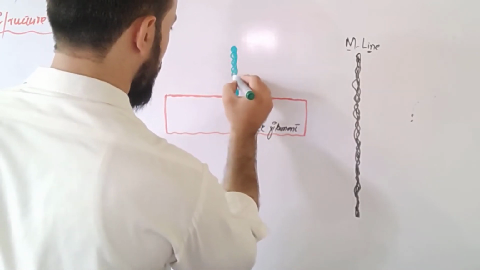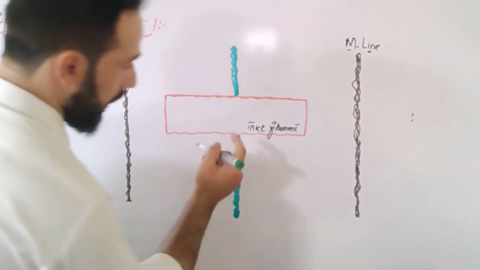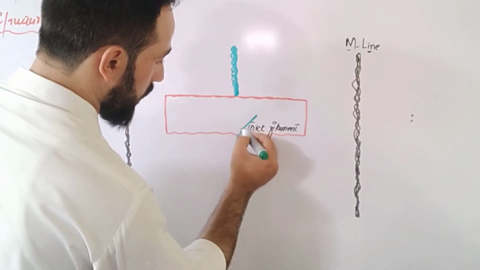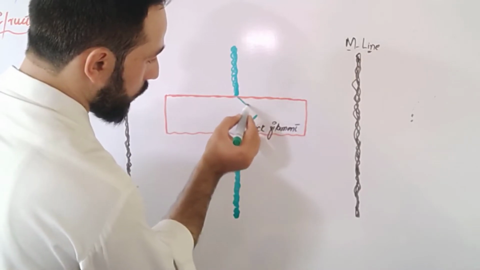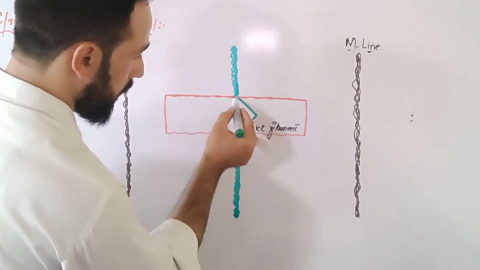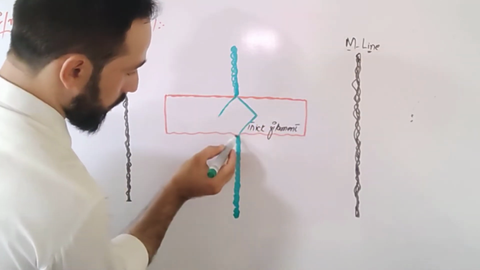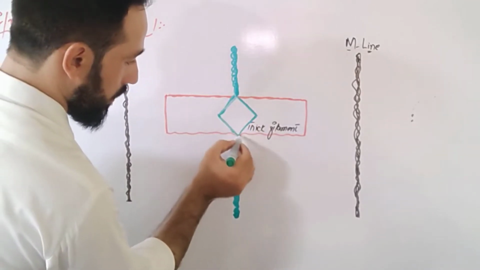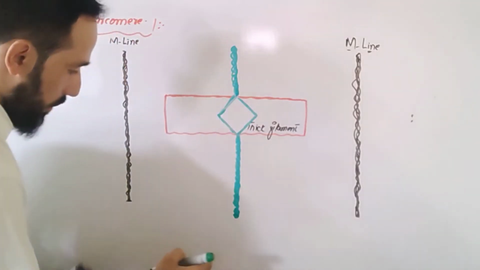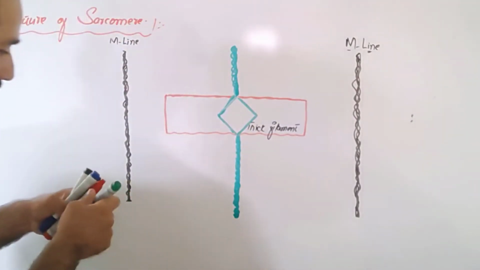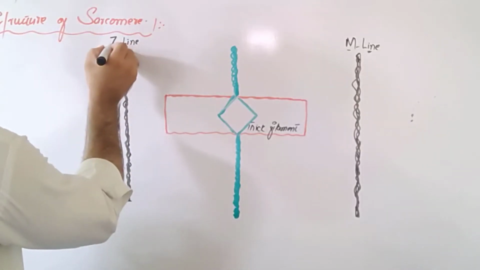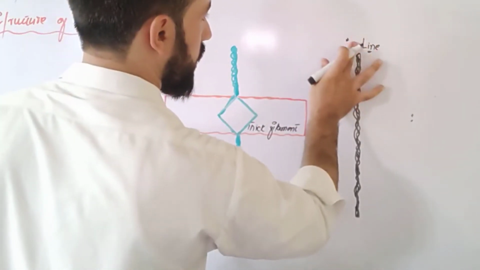Look, my friends, carefully, this one, right? And then this filament or this line gives branches like this, right? And here also, my friends, like this, right? In between the two M lines, sorry my dear friends, these are called the Z lines.